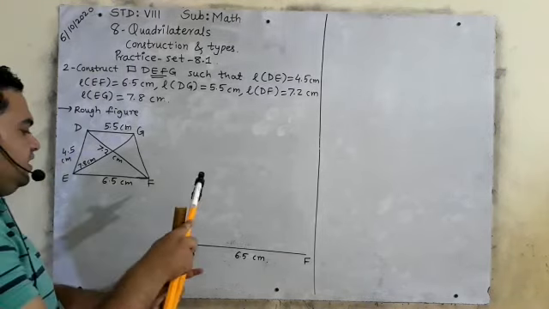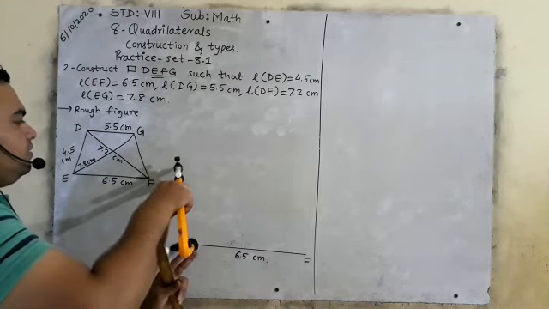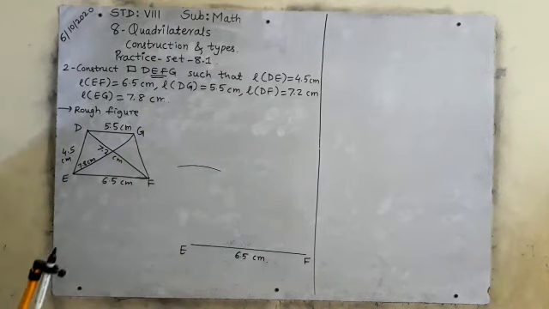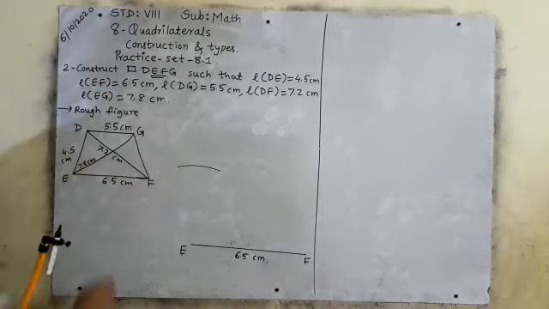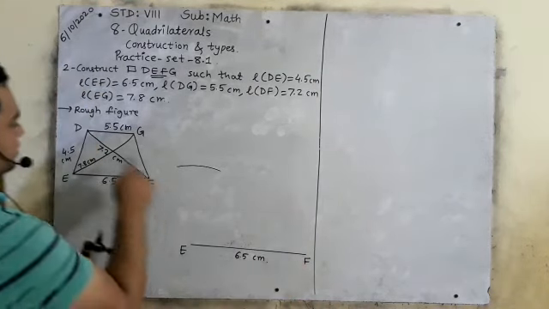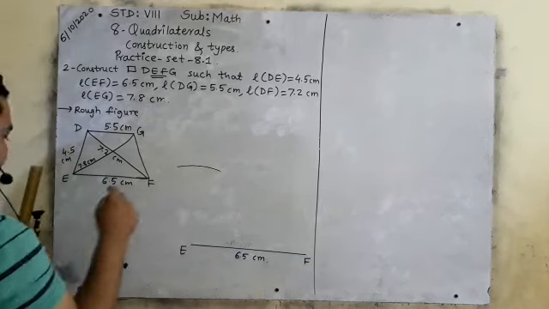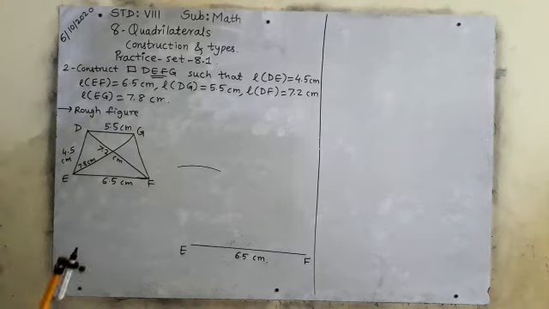I will keep it on E and it will be of 4.5. Okay, 4.5 D. But now I will join DF 7.2 from F. First I will take EF 6.5, ED will come over here. So D we will give when DF will come 7.2.